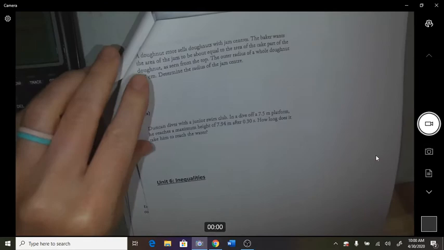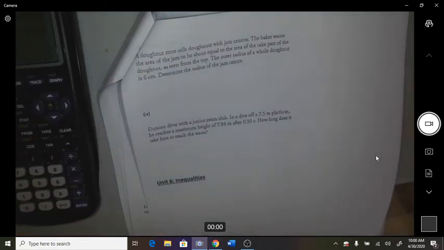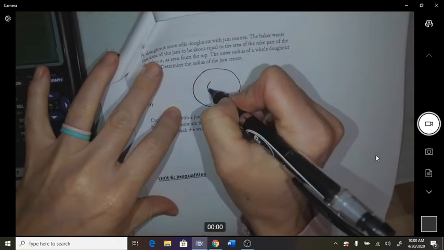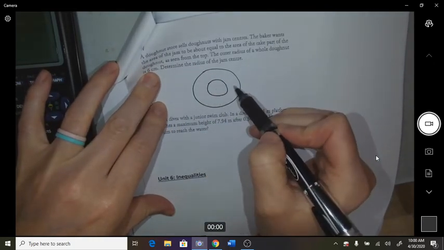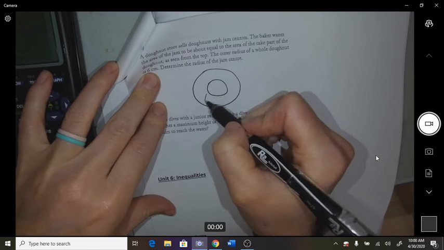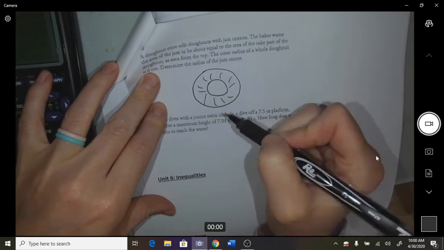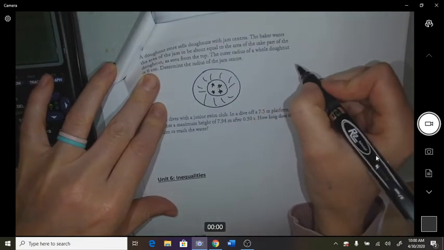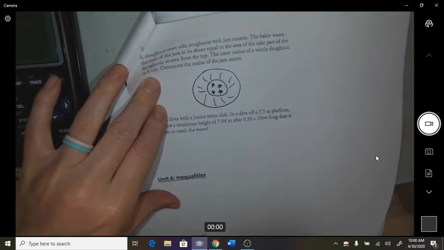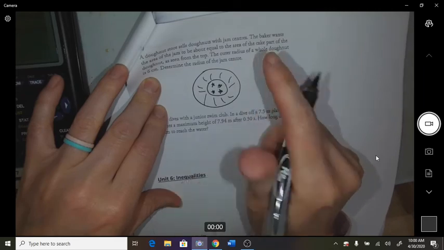Okay, a donut store sells donuts with jam centers. They want the area of the jam to be equal to the area of the outer part. So that's the outer part, and that's the jam. Okay, the outer radius of the whole donut is 6.